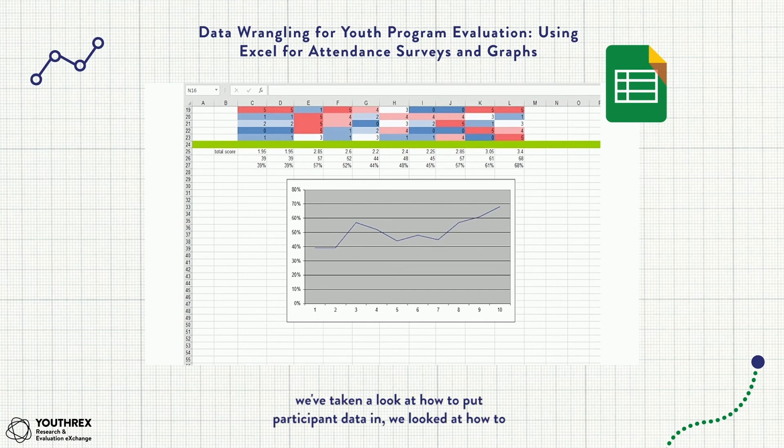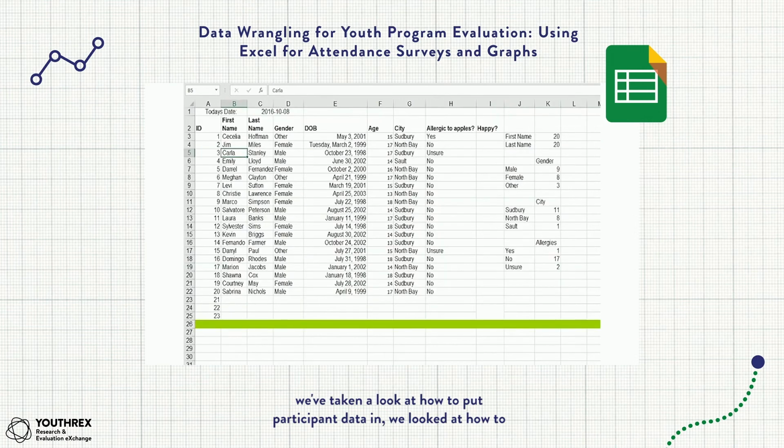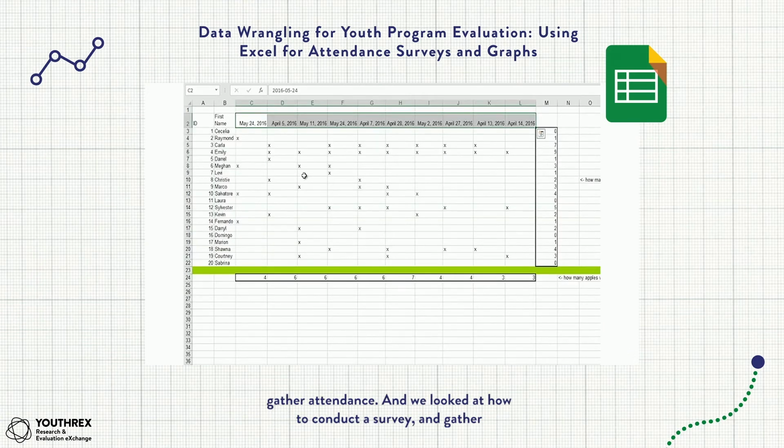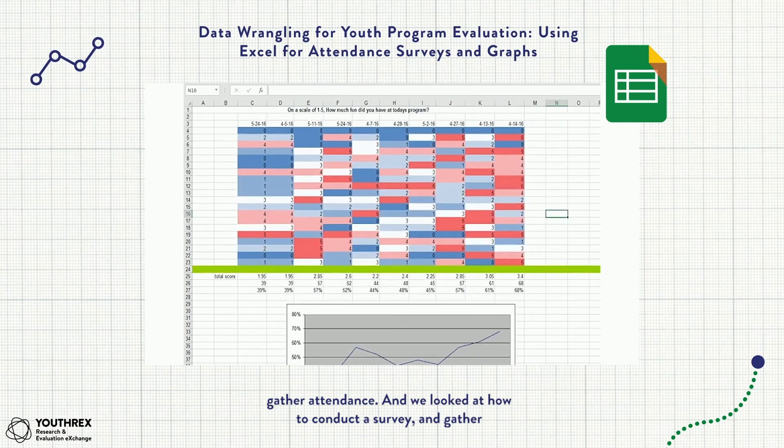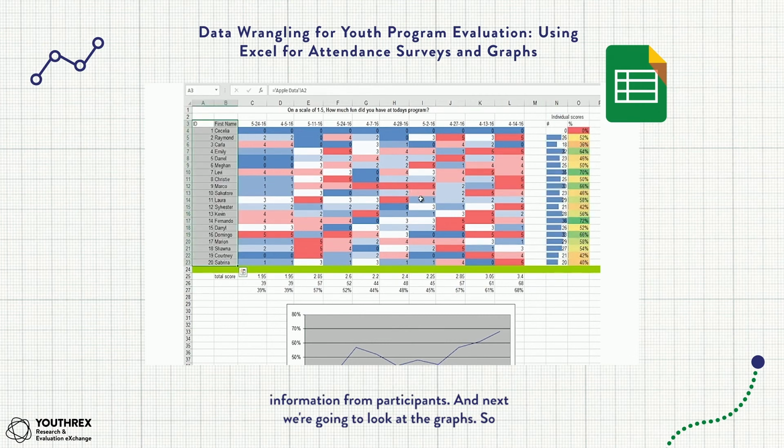So far we've taken a look at how to put participant data in. We looked at how to gather attendance, and we looked at how to conduct a survey and gather information from participants. And next, we're going to look at the graphs. So these are all the graphs that we could generate from the program, all the data that we have so far.